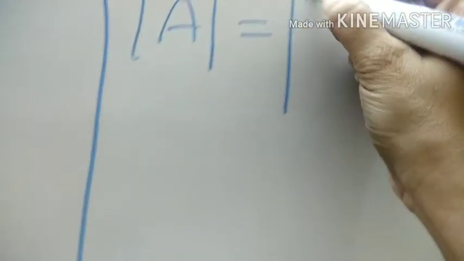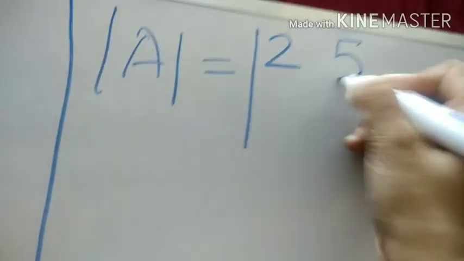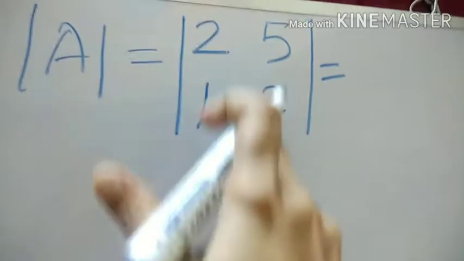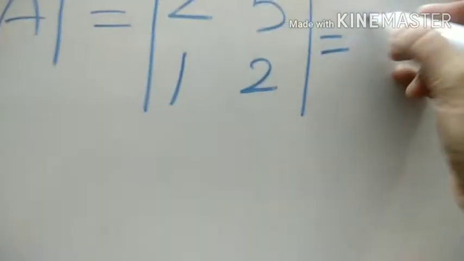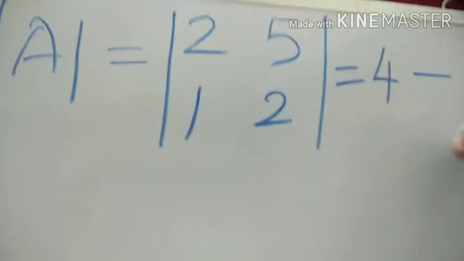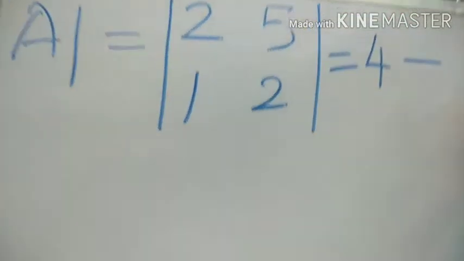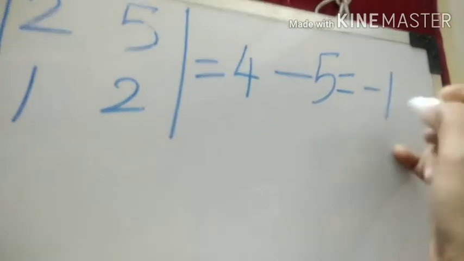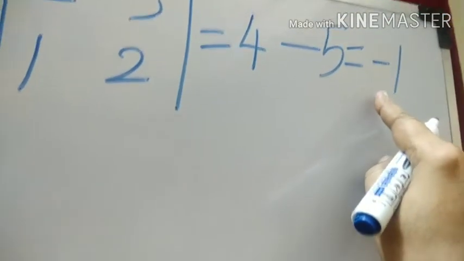Determinant A is 2, 5, 1, 2. Expand the determinant. How do we multiply? The two 2's on the main diagonal give 4, minus the side diagonal 5 into 1, that is 5. 4 minus 5 is minus 1, and whenever this answer is not 0, I can find A inverse.